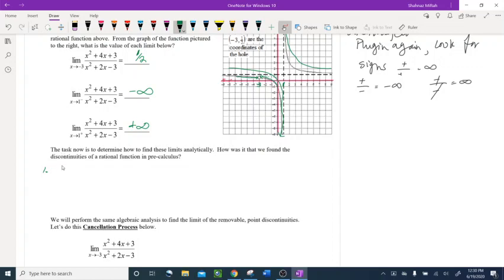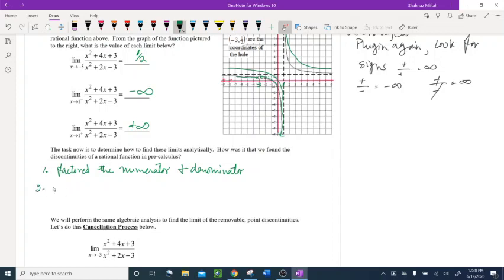So let's figure it out. Number 1, in pre-calculus we factored the numerator and denominator. That's the first thing. If you remember, I said plug in first. When you get a number over 0 or 0 over 0, then you need more work, then you factor.